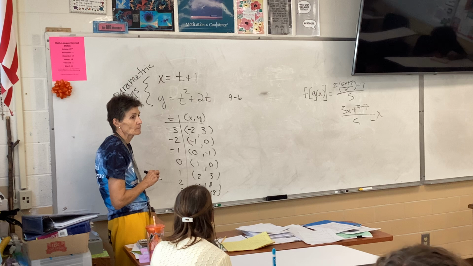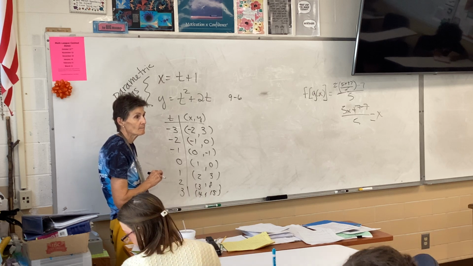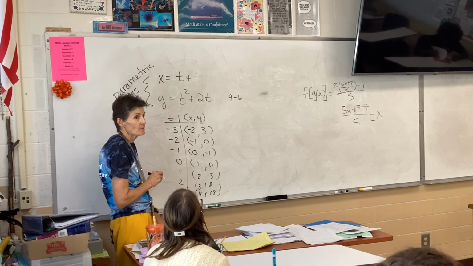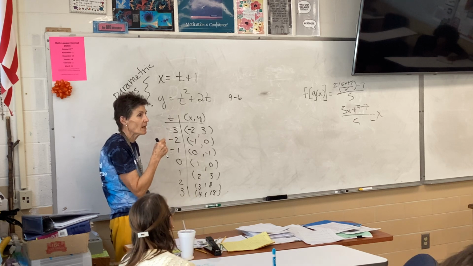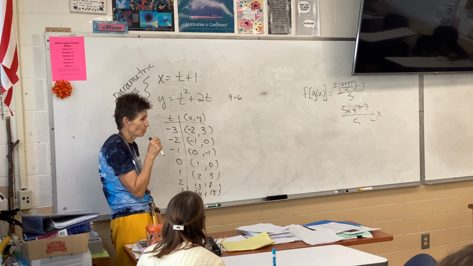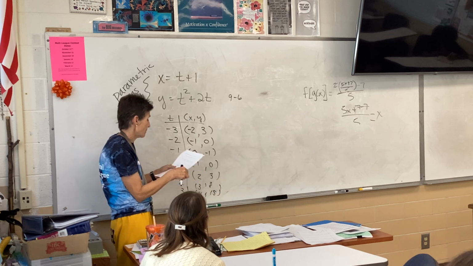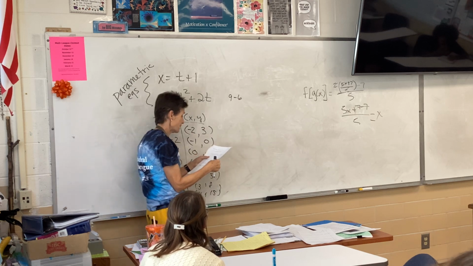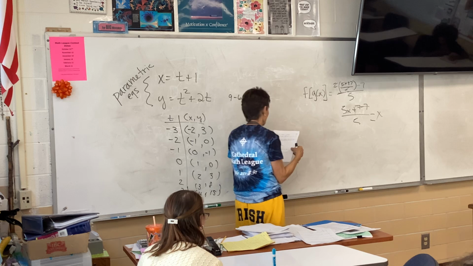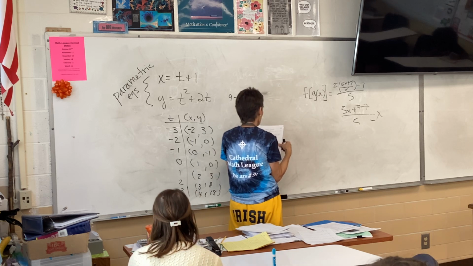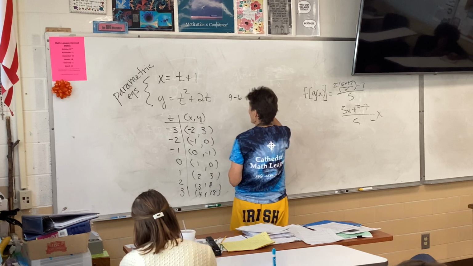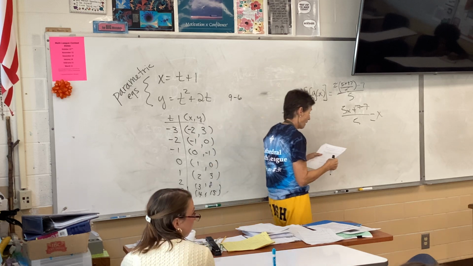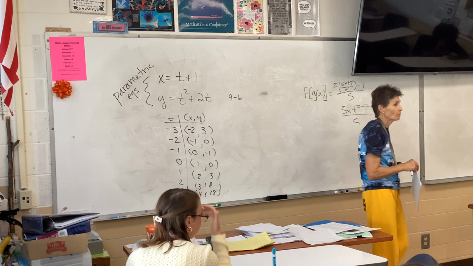Is that okay with everybody? Everybody understands that concept? That if we know a t value, we can figure out an ordered pair? Yep. Okay. Find the direct algebraic relationship between x and y by eliminating the parameter.